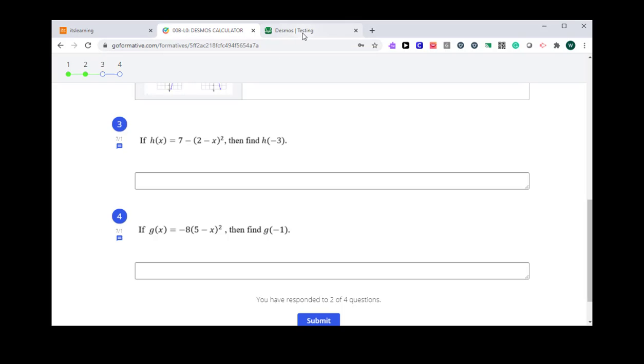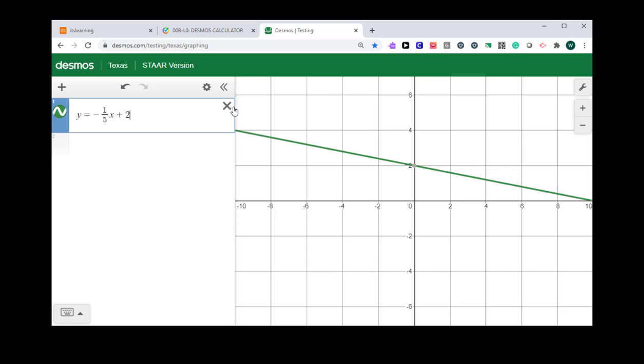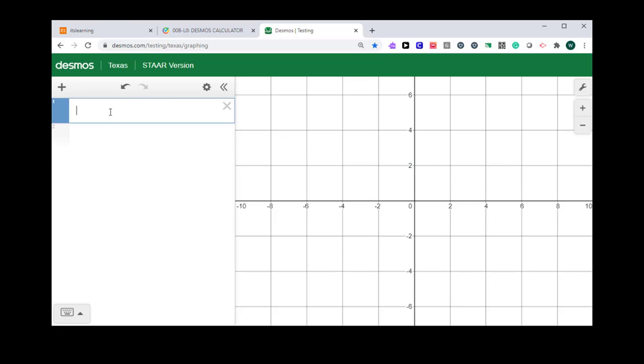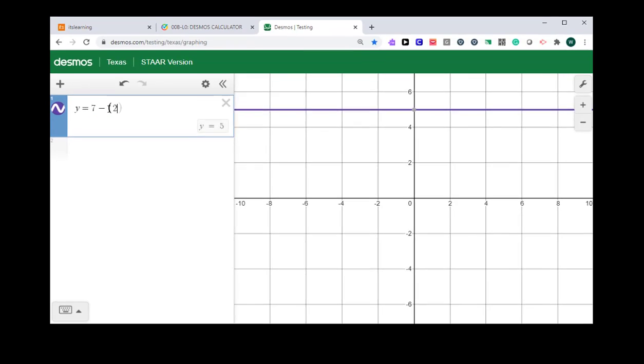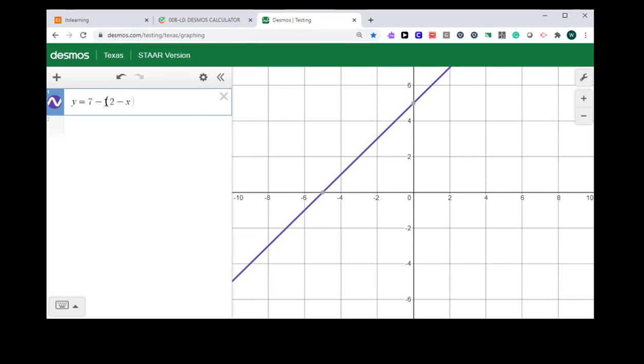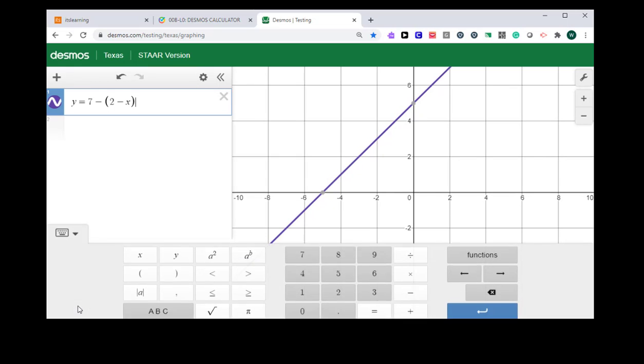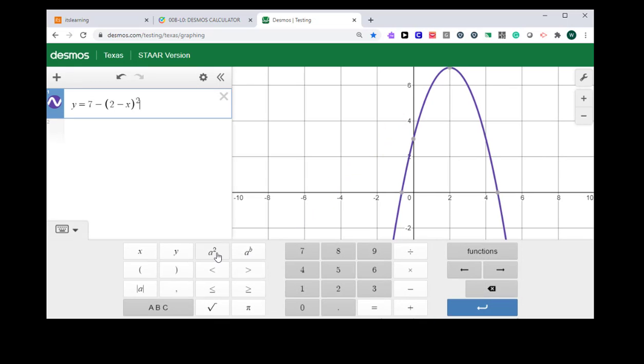So when we go here to the calculator, let's click here, and we're going to click y equals 7 minus open parenthesis 2 minus x close parenthesis, and the square, you click right there and you will find the square right there.